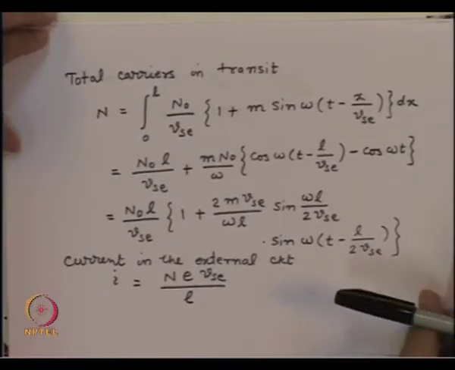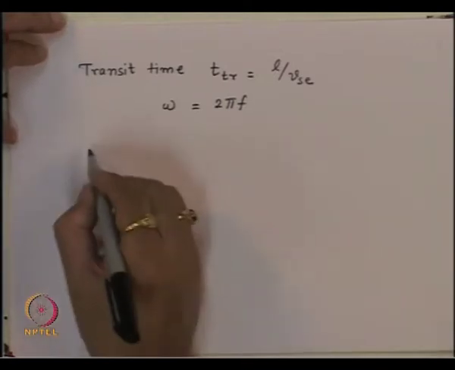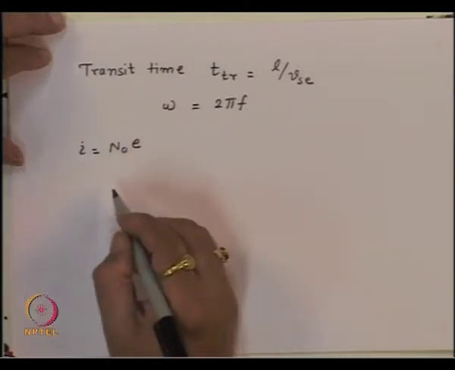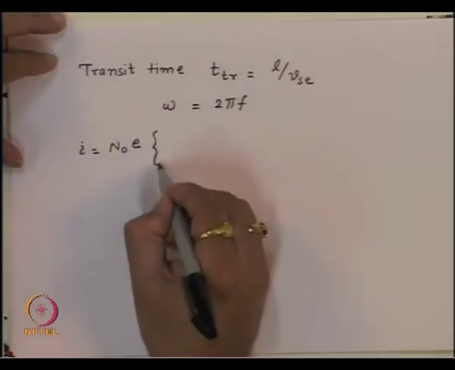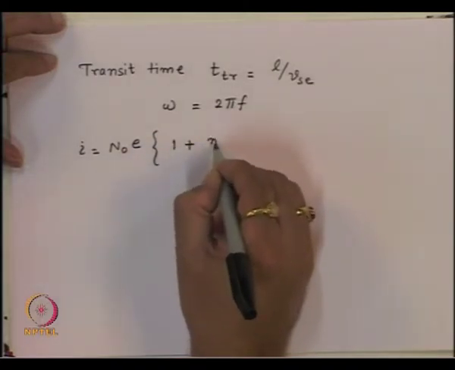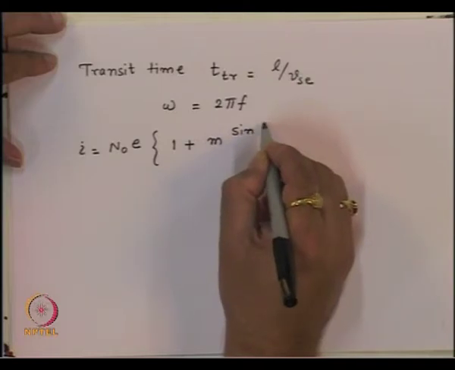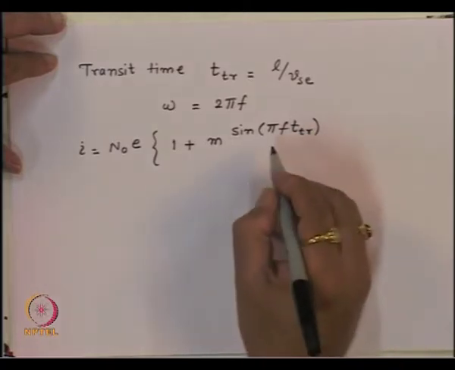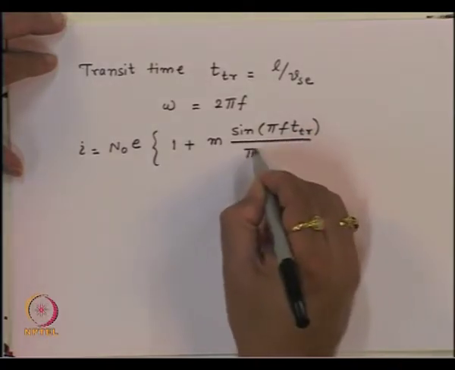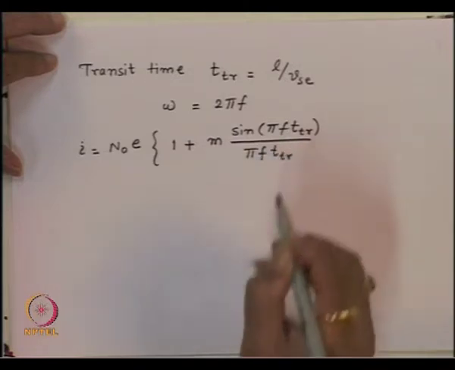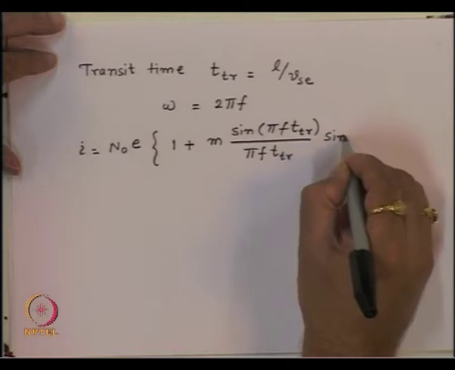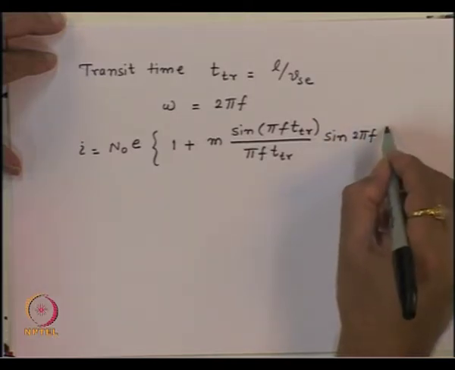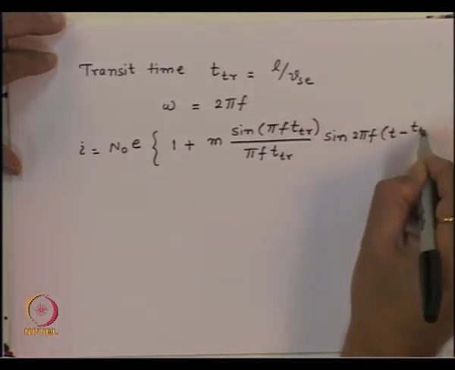So, the current expression can be written now: I is equal to N0 E into 1 plus M sin(pi f t_transit) divided by pi f t_transit, into sine of 2 pi f into (t minus t_transit by 2).